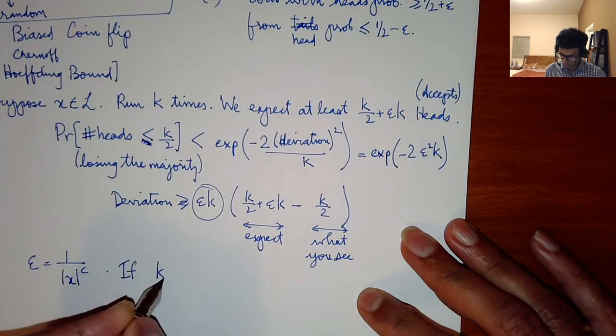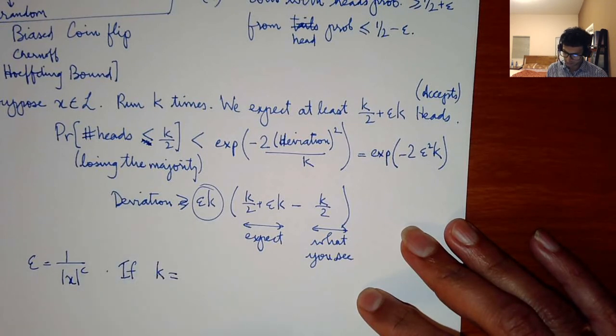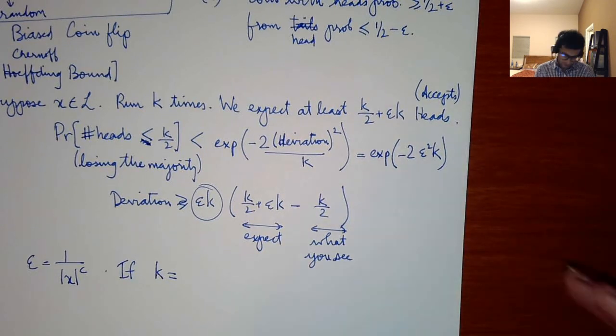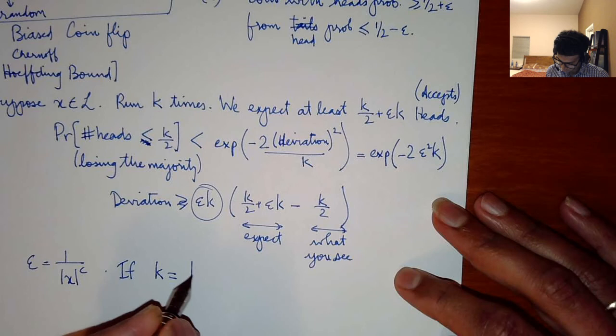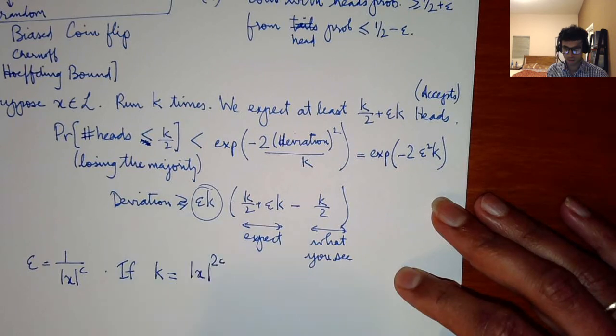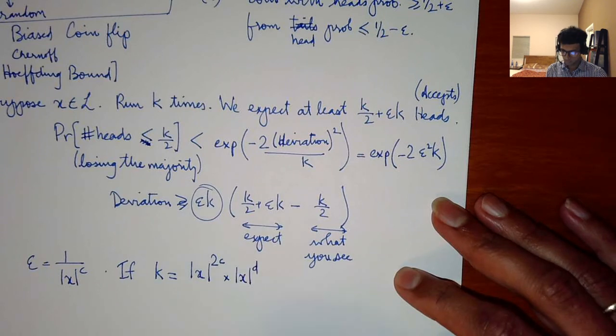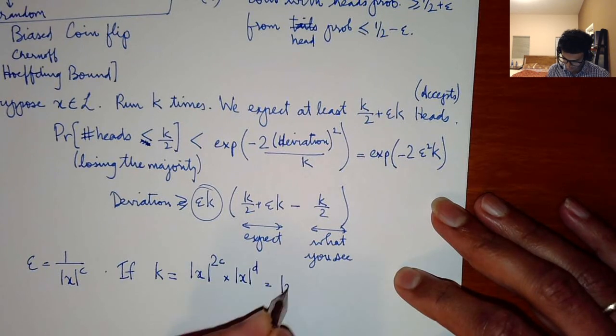If k is set to be, essentially you can set it to be epsilon squared, so this 2c times x to the d. Okay, so this is basically x to the 2c plus d. So this is just some polynomial.